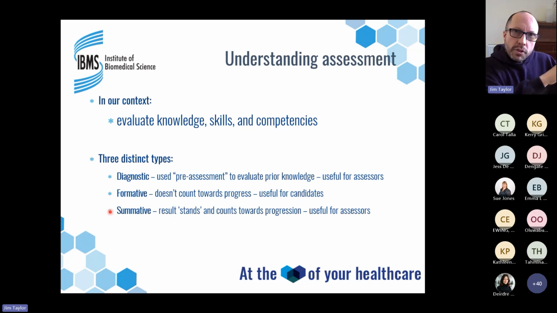So although those three domains exist and are very common whenever you start to search on assessment strategies, by and large, in our context in the workplace, the majority of the assessment we do is summative assessment, because it counts towards progress of students completing a qualification, completing a learning aim, whatever it might be.